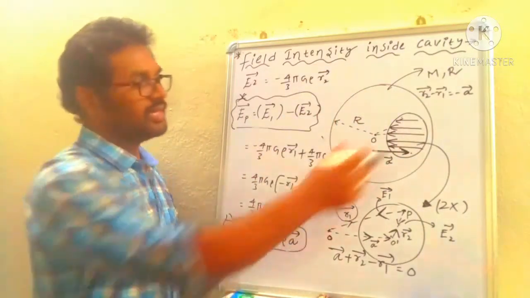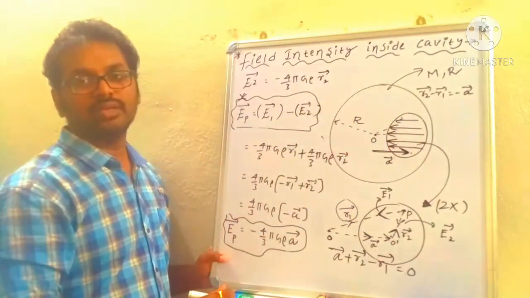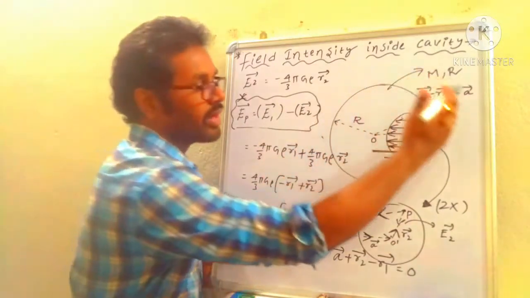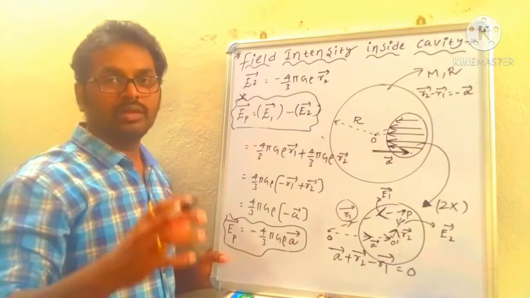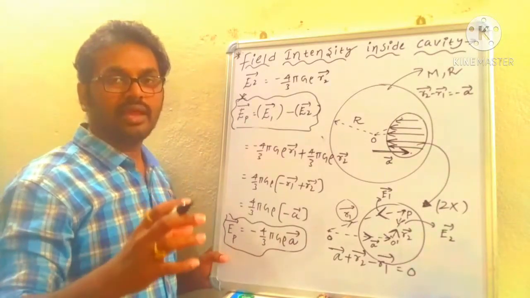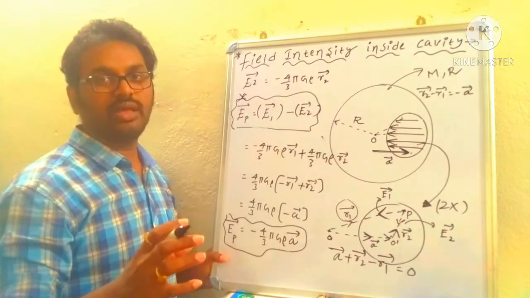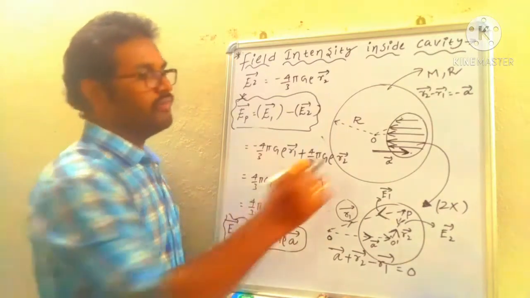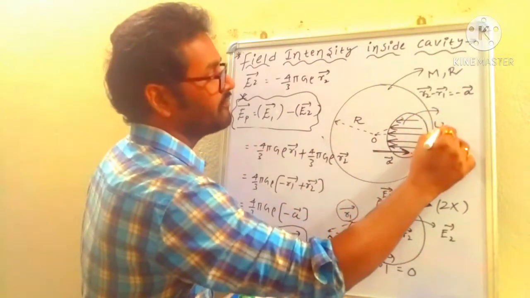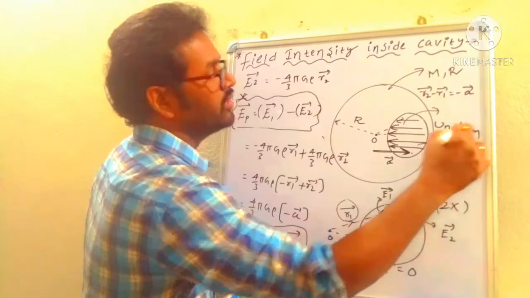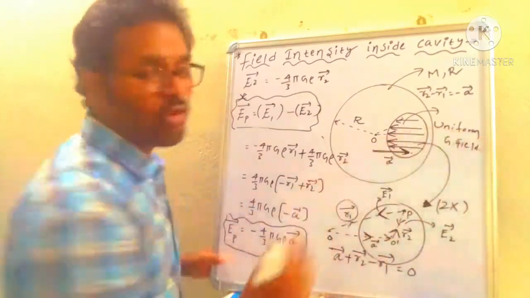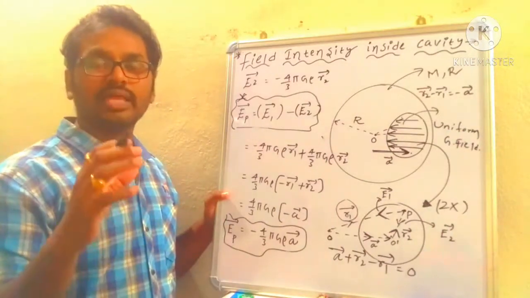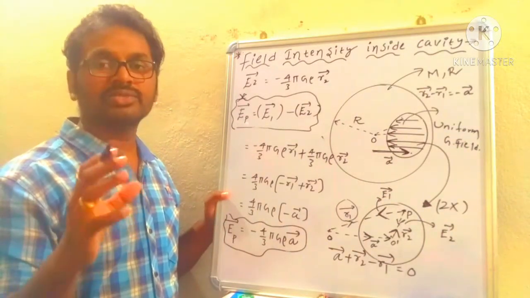You can imagine this is a three-dimensional field, but all the lines are going from right to left within this region. So we can say the field has a constant magnitude and a unique direction. We can call it a uniform gravitational field, which is formed inside the cavity of the given solid sphere.